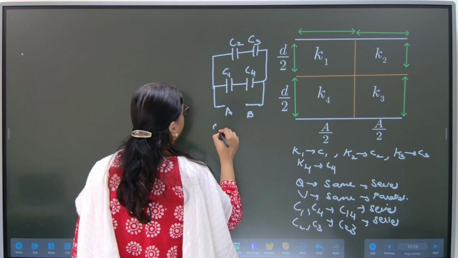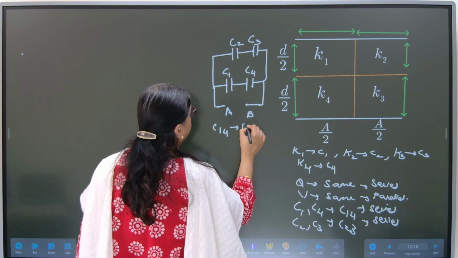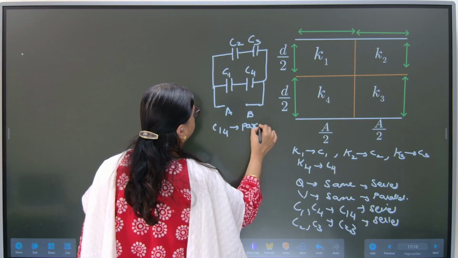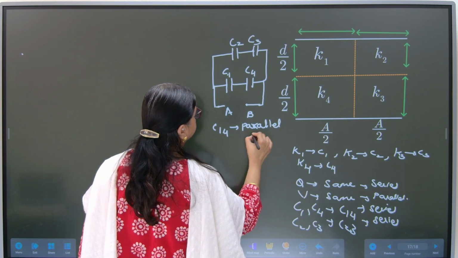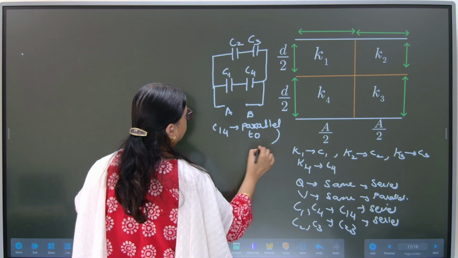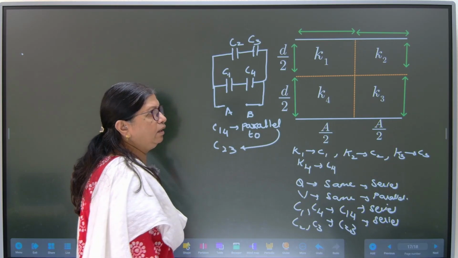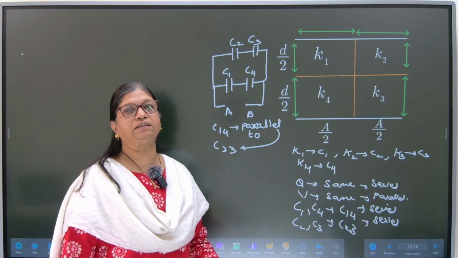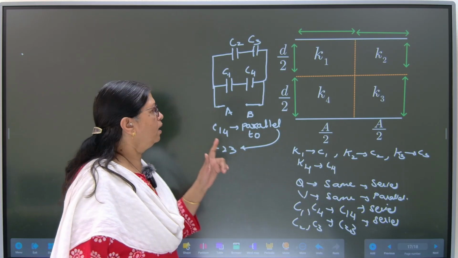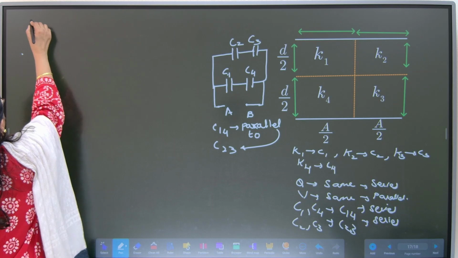So C14 parallel to C23. Fine. So considering this, we can proceed by first writing what is C1.